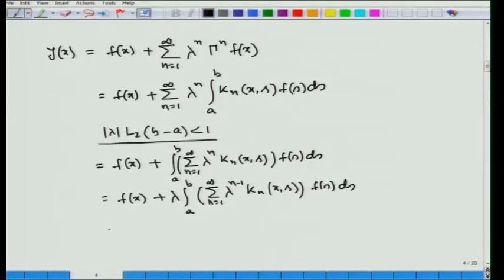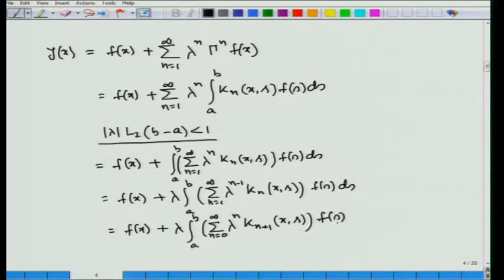And now, changing the range of variation for n, this is equal to f(x) plus lambda integral a to b of the sum over n from 0 to infinity of lambda to the power n k(n+1)(x,s) f(s) ds.